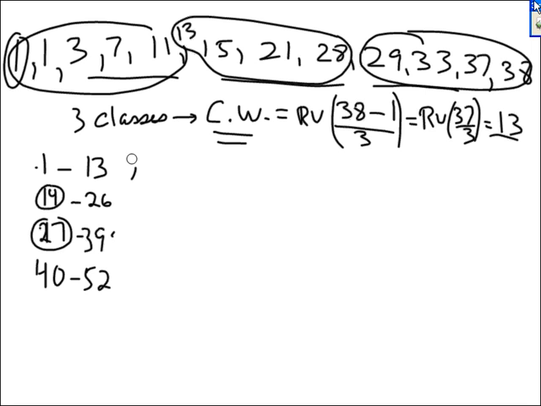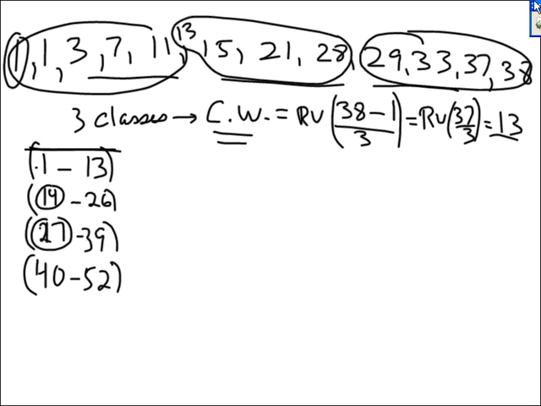The 13, 26, 39, 52. Those are the upper class limits. So these are the classes. What it says right above should say classes.